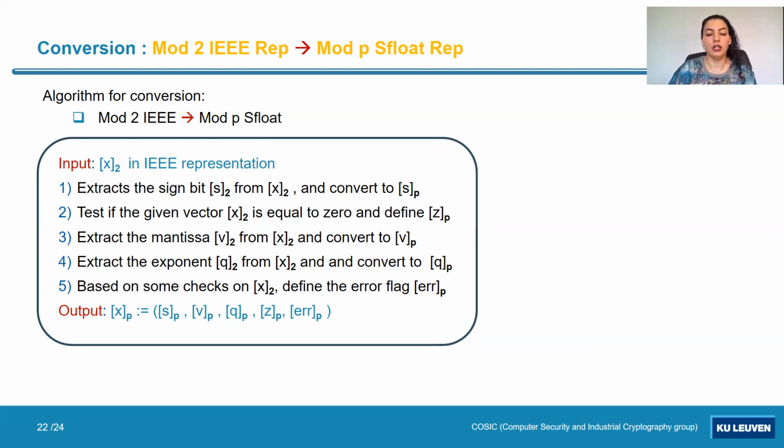But in the mod P representation, we have two more flags, Z and error, and we needed to define them here. And here you can see some converts.